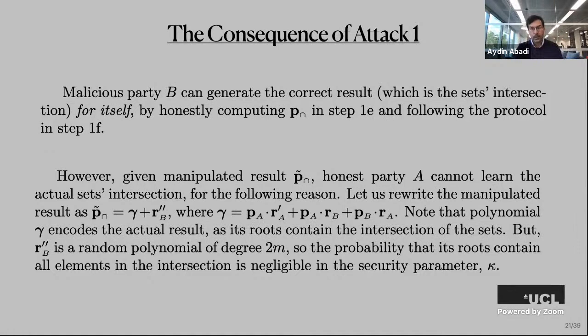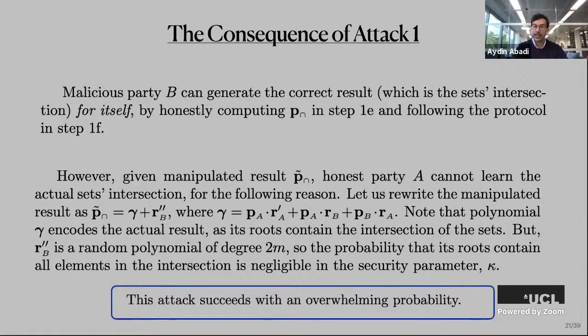Therefore, the honest party cannot extract valid roots of the polynomial and cannot find the valid result. And this attack can be done successfully with an overwhelming probability.